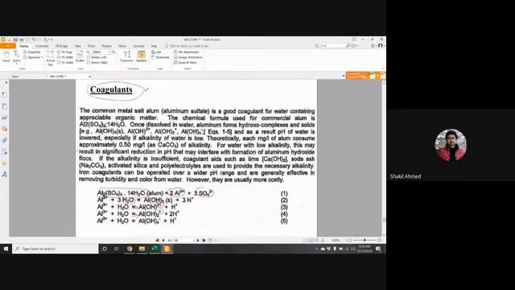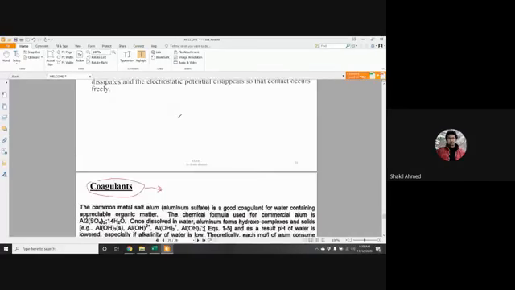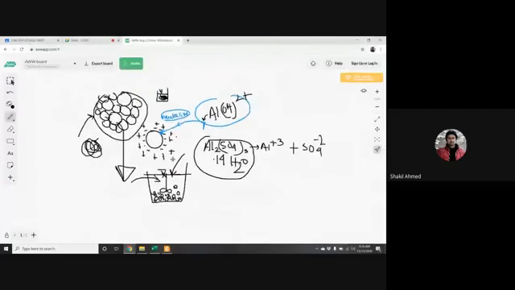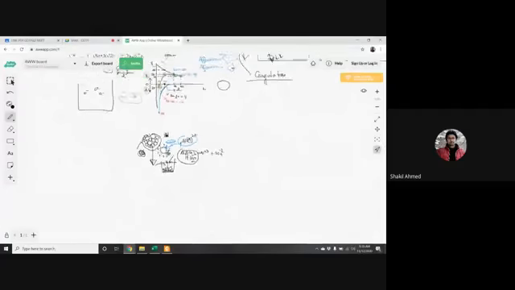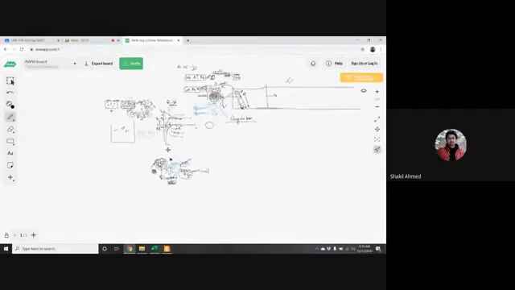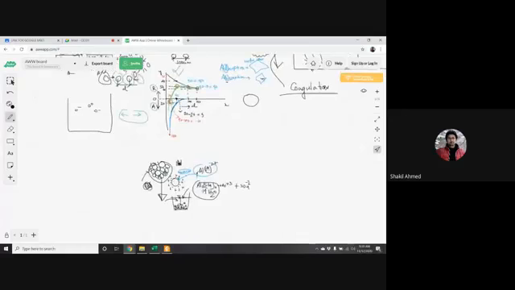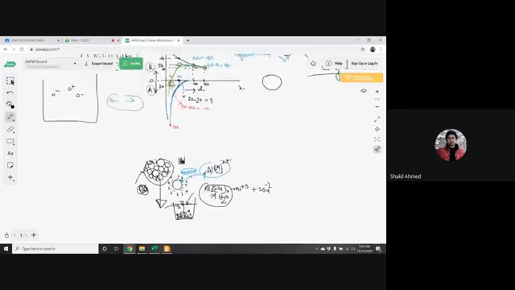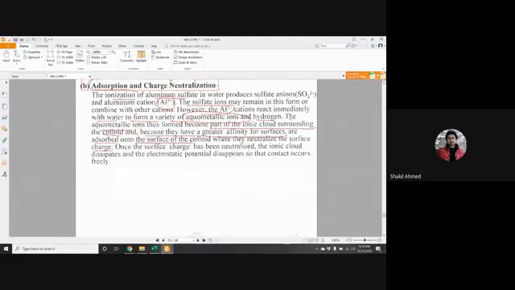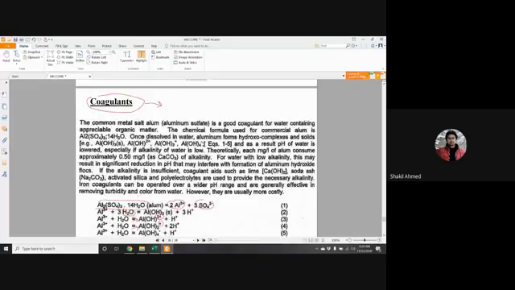What is the function of coagulant? By the way, what is coagulation then? We started with coagulation, right? Yes, sir. What is coagulation? Coagulation is this charge neutralization. This process is called coagulation. That means defying the energy barrier, that is called coagulation.